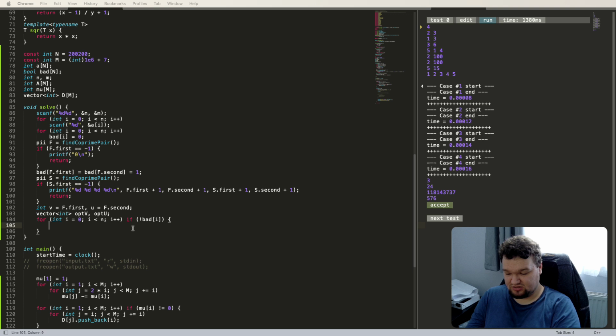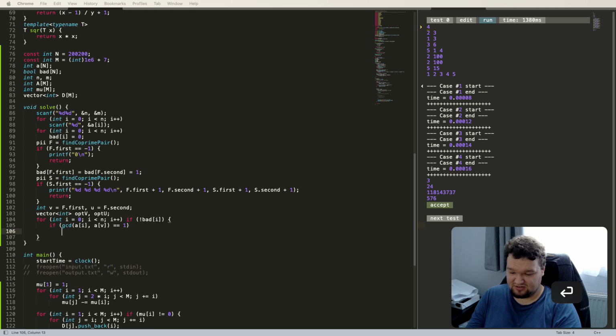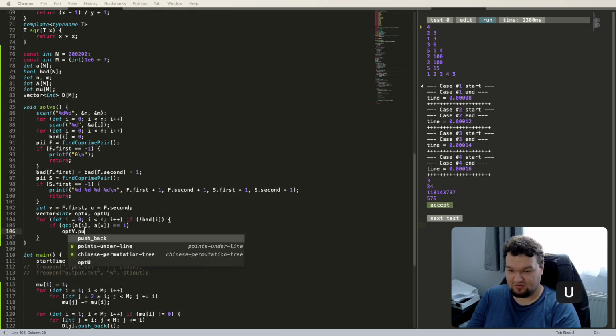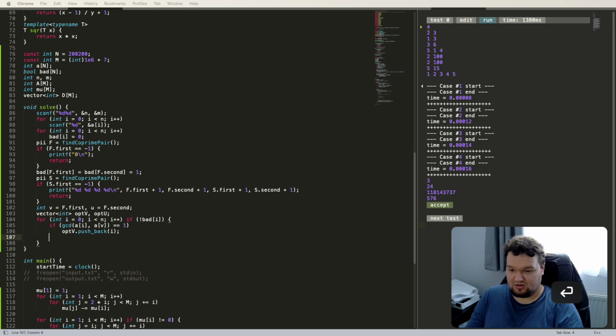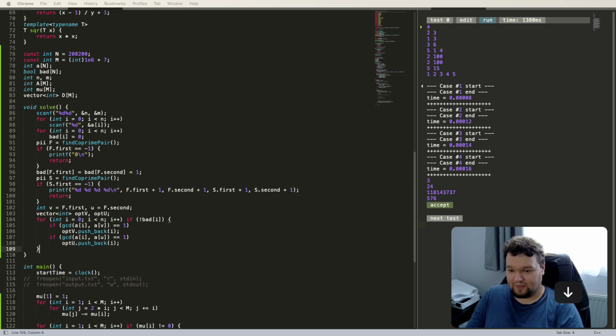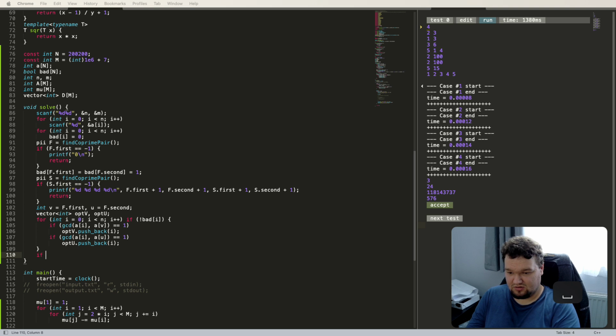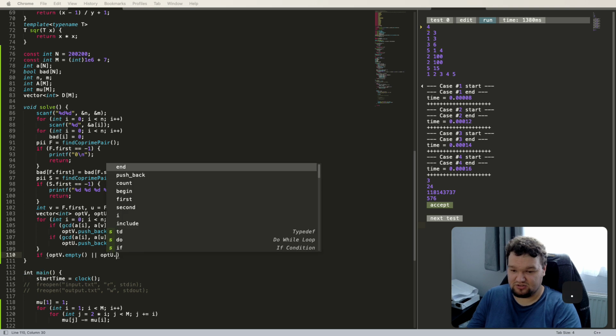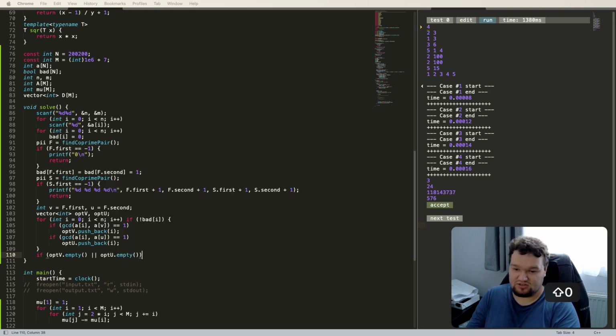And now I'm just checking if GCD of A i and A V is 1, then it is an option for V. And the same for U. Now if opt V is empty or opt U is empty, then it is impossible.